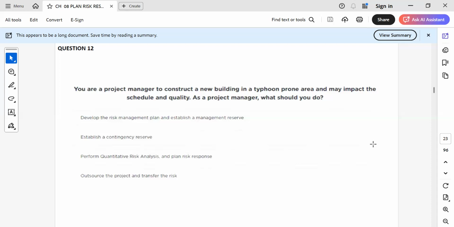Yes. Because anyways, if it impacts, then I will have to spend that money later in the project also. So why not do it at the starting of the project or whenever the risk is identified and transfer the risk? Correct.